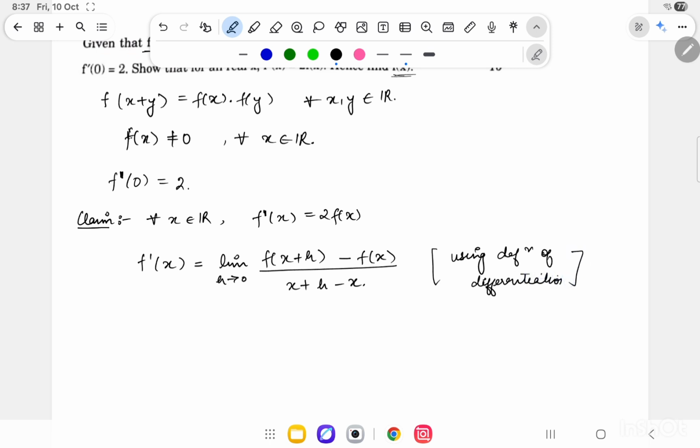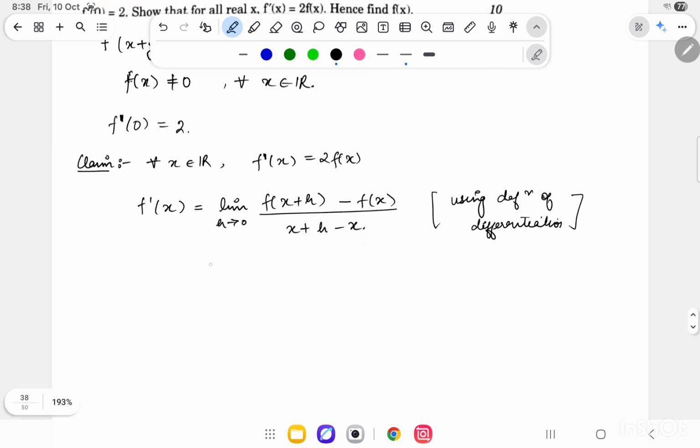Now in the question it is given that f(x + y) = f(x)·f(y). So if we use that relation here for f(x + h), it will be the limit as h approaches 0 of (f(x)·f(h) - f(x)) / h.